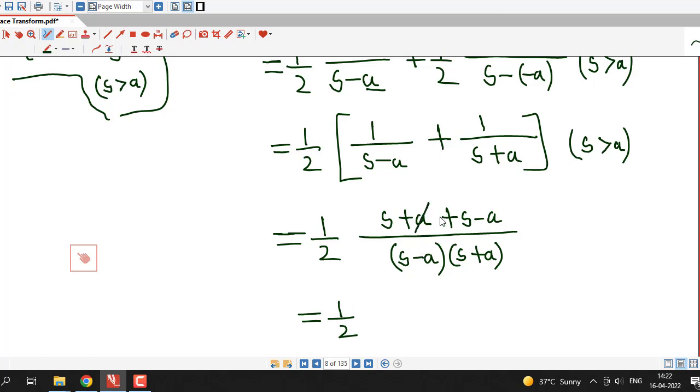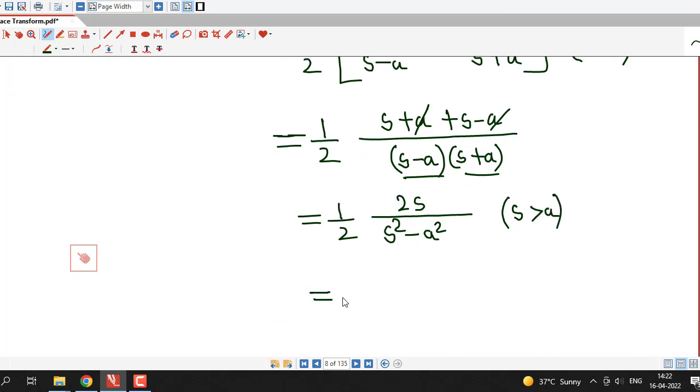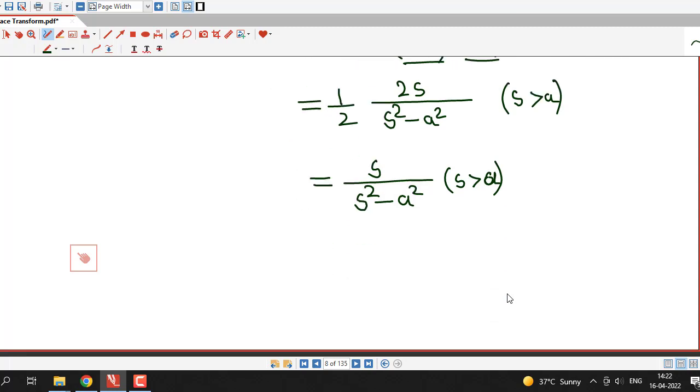So a will cancel out and we are left with 2s over s square minus a square, and all these things are valid if s is greater than a. So finally we obtain that the Laplace transform of cos hyperbolic at is s divided by s square minus a square, s greater than a.